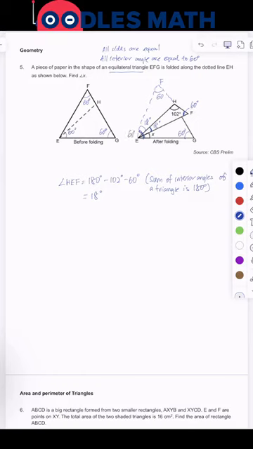Therefore, we can find angle X to be equal to 60 degrees minus 18 minus another 18. Alright, and that gives us 24 degrees. Okay, so that is how we solve question 5.